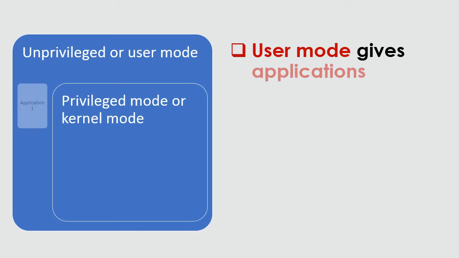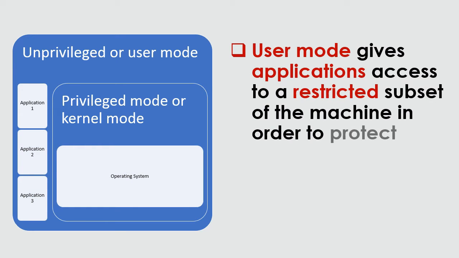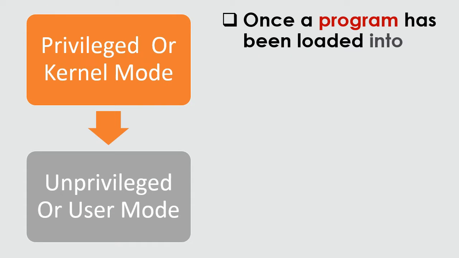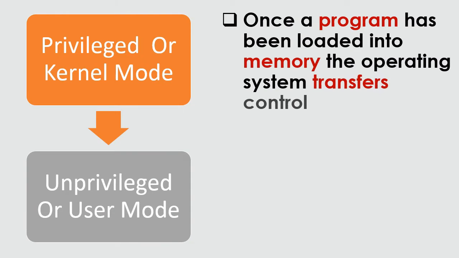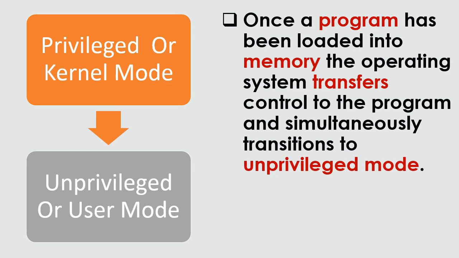User mode gives applications access to a restricted subset of the machine in order to protect the OS from applications. An application can only access memory that the OS has made available to it and should not be able to uncontrollably interfere with or bypass the OS directly. Once a program has been loaded into memory, the operating system transfers control to the program and simultaneously transitions to unprivileged mode.